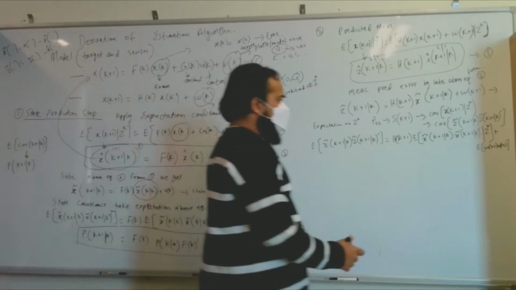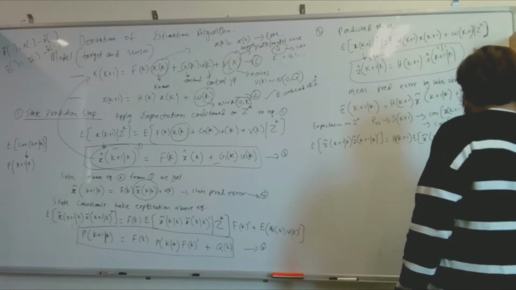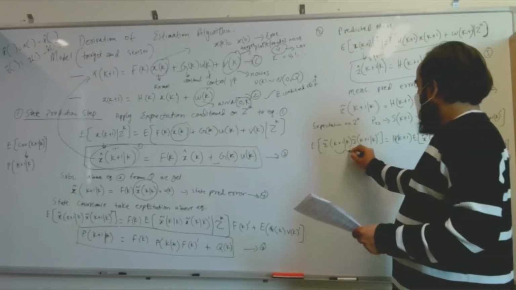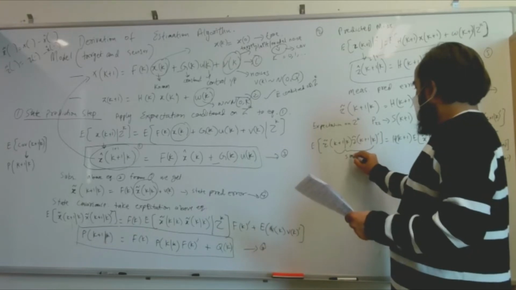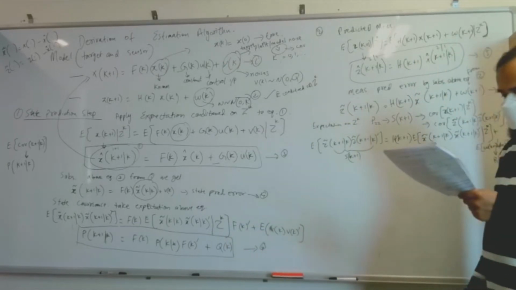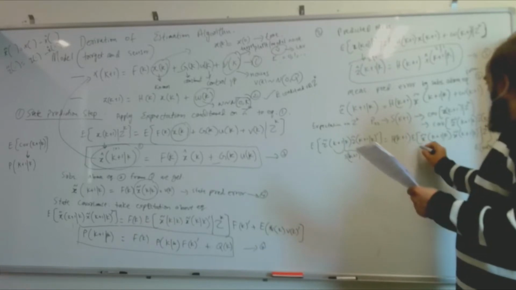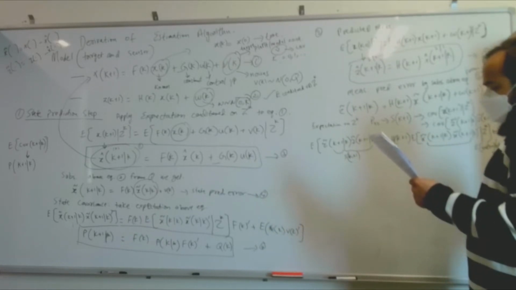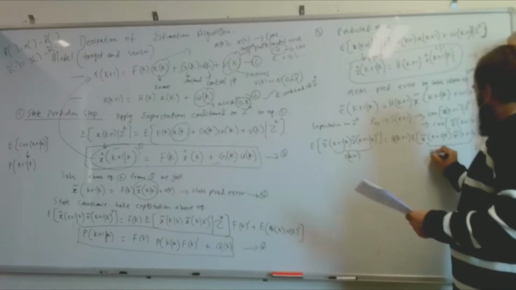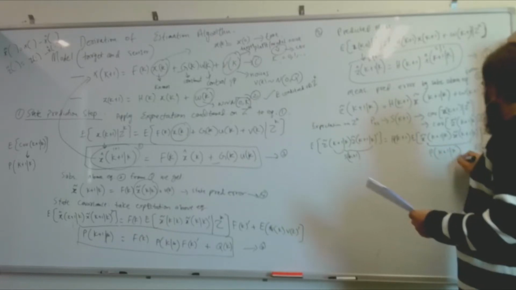So this is R of k plus 1, and this thing is S k plus 1, and this is P of k plus 1 given k.